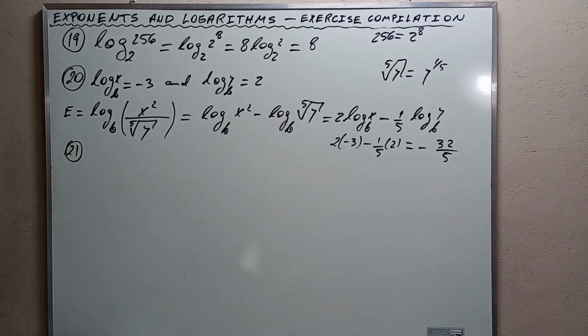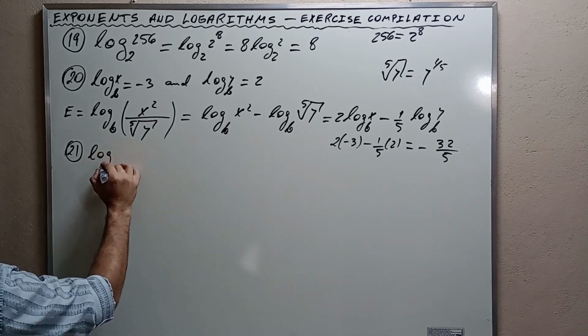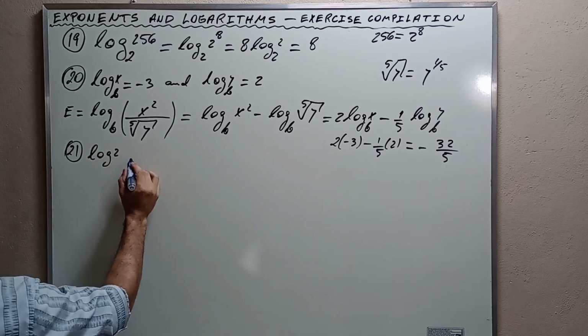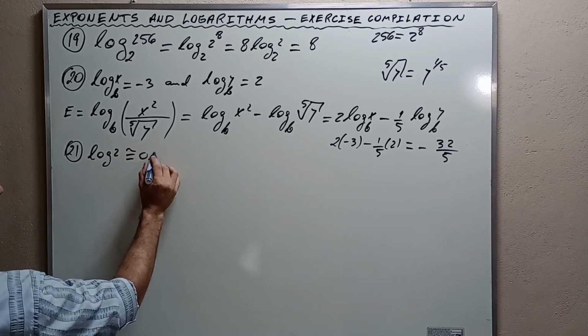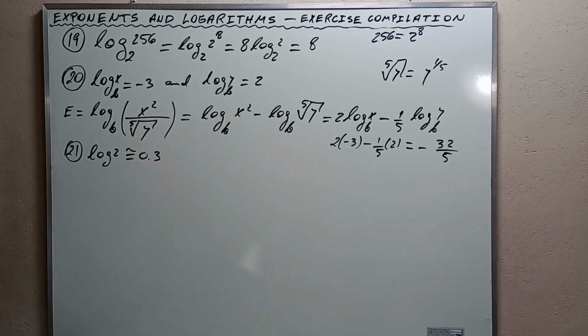Exercise 21 says that if the logarithm of 2 is approximately equal to 0.3. Observe, I didn't mention it, but I am going to mention it now.